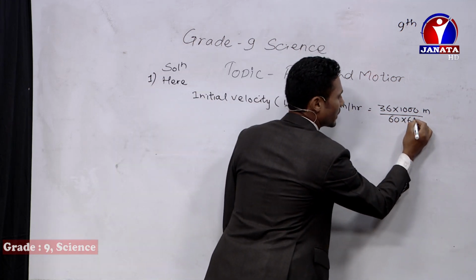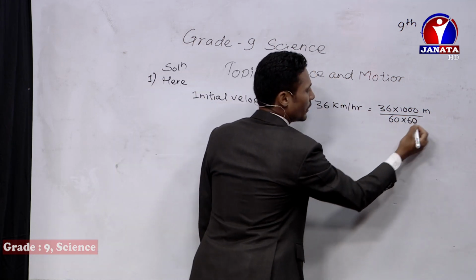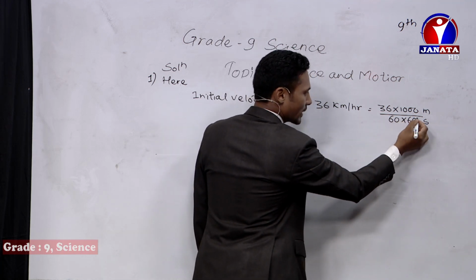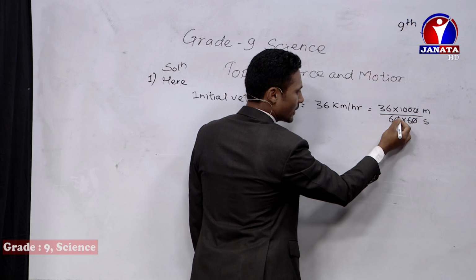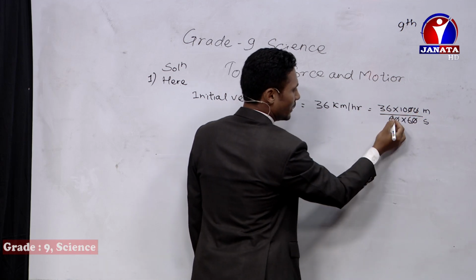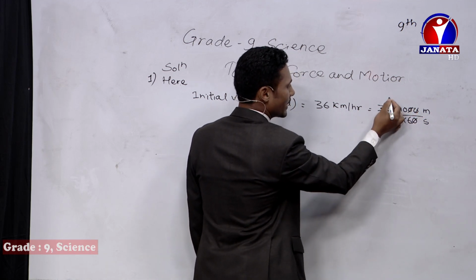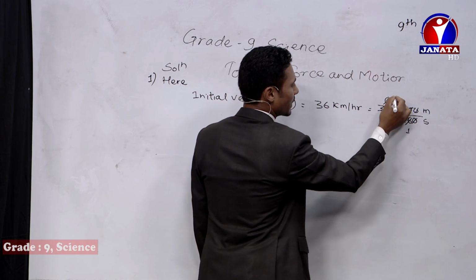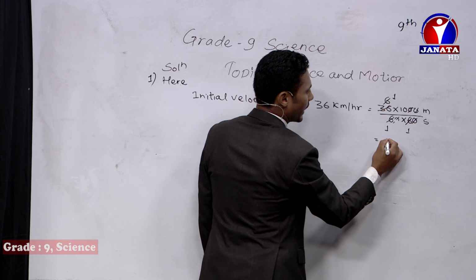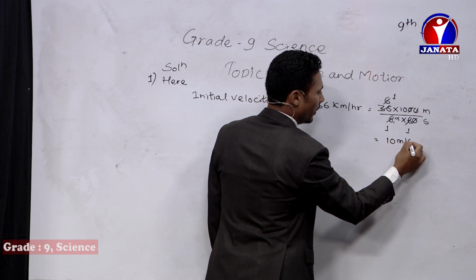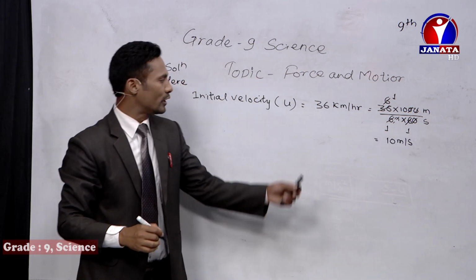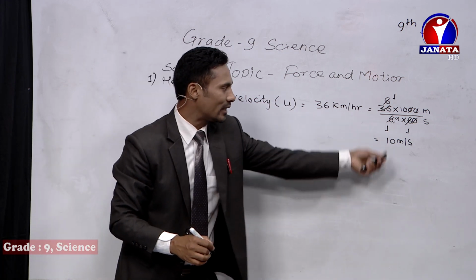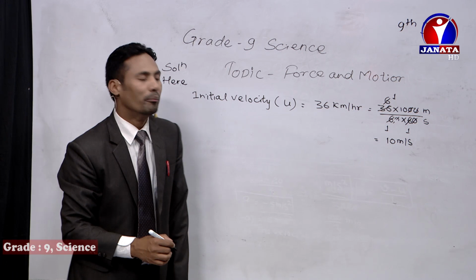So let's simplify this. 0 and 0 cancel, this 0 and this 0 also can be cancelled. 6 1s are 6, 6 6s are 36, right? That means it is 10 meter per second. So this kilometer per hour we need to change into meter per second, and by this method we can change it.